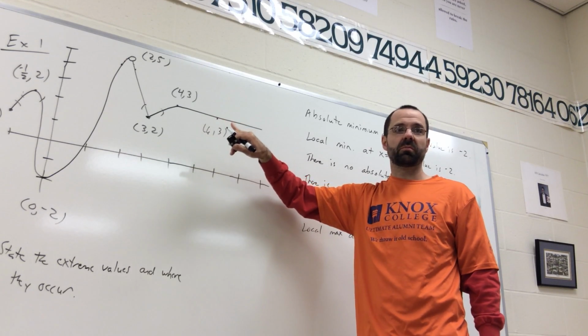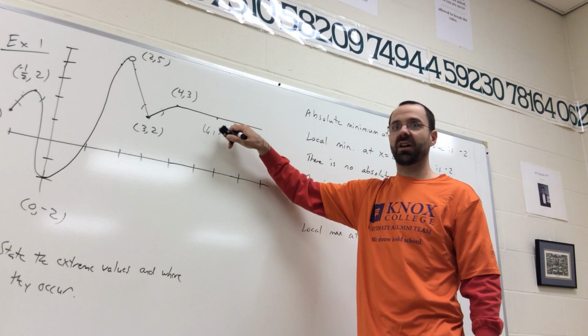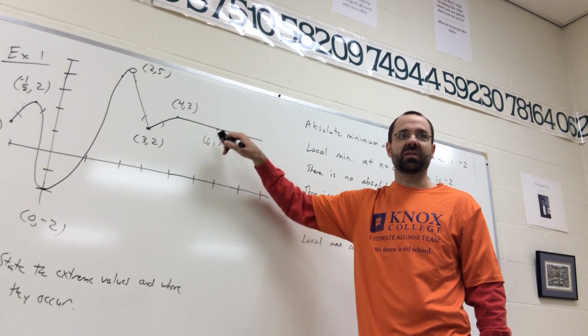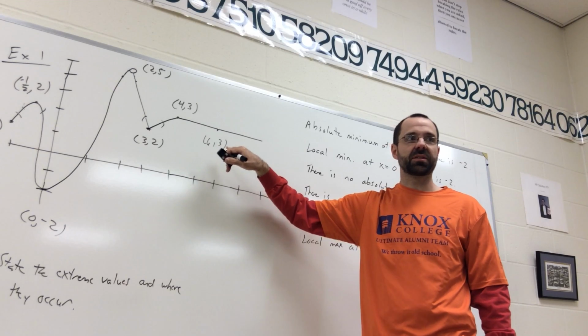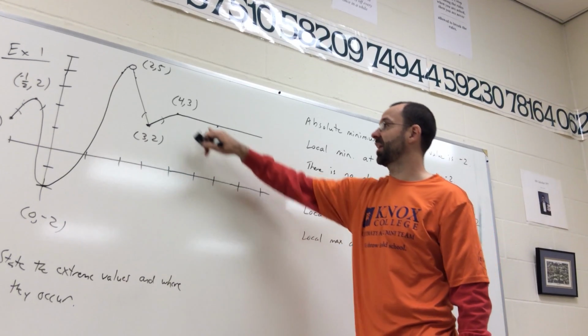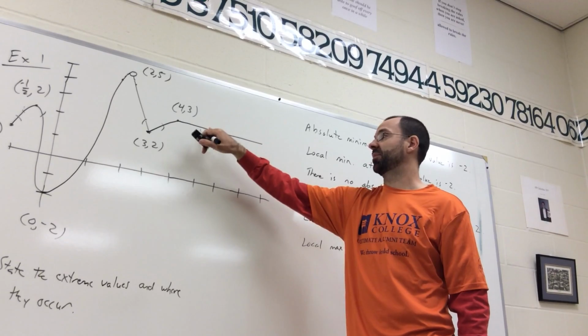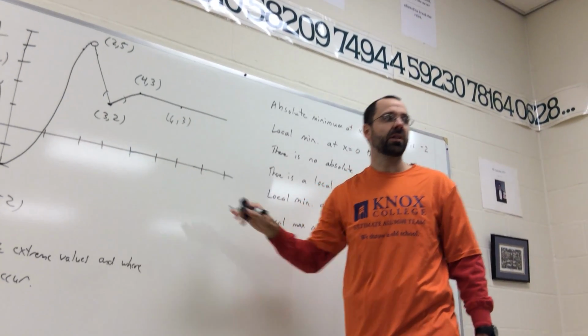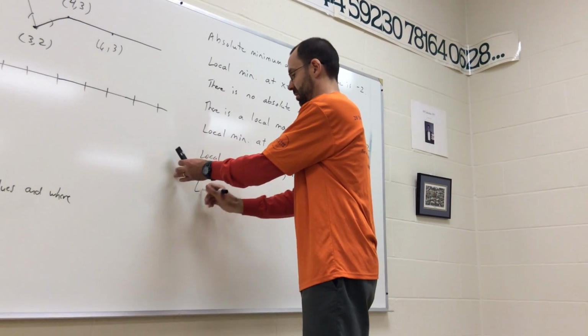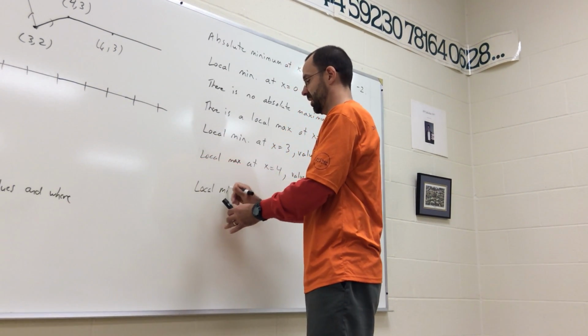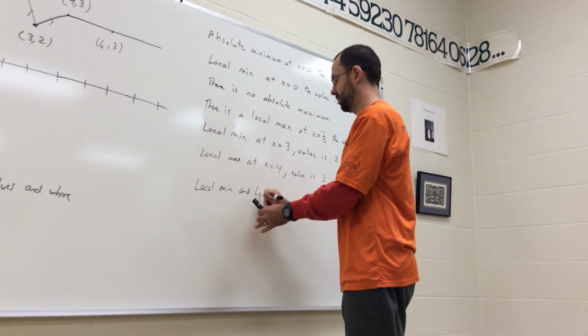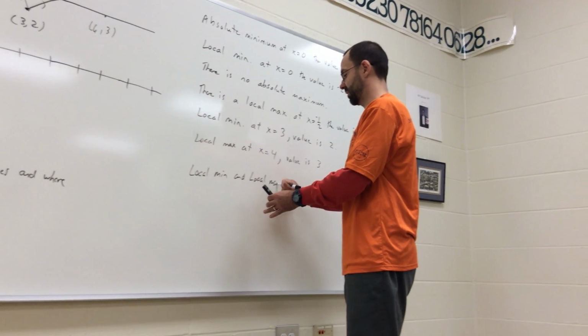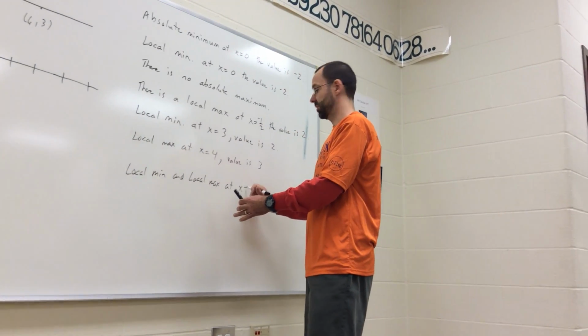So local max and min at 6, and at 7, and at 6.5, but I think you get the point if we just write down 6. The same thing happens at 5 and 5.5, but I don't want to write down all infinitely many points there. So local min and local max at x equals 6.